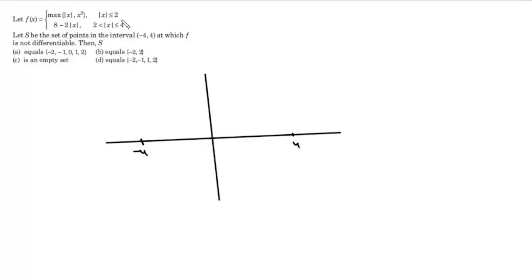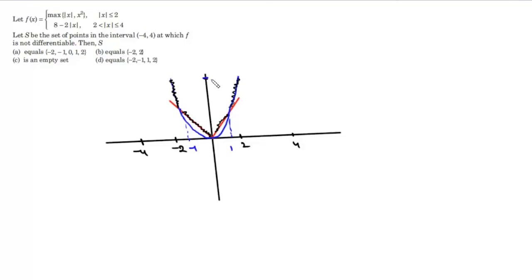Now in between -2 and +2, it is the maximum of mod x and x square. Now this is mod x, and then we have x square. They'll intersect at -1 and +1. Now we have to choose the maximum of the two. So we'll choose this function and this.